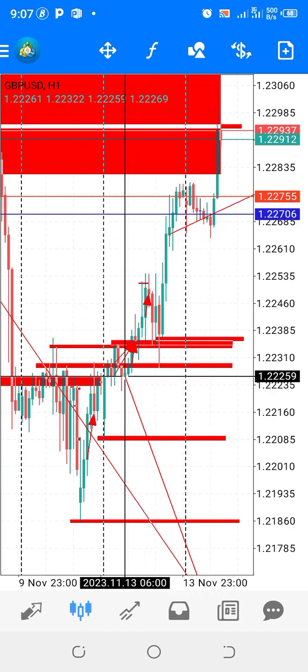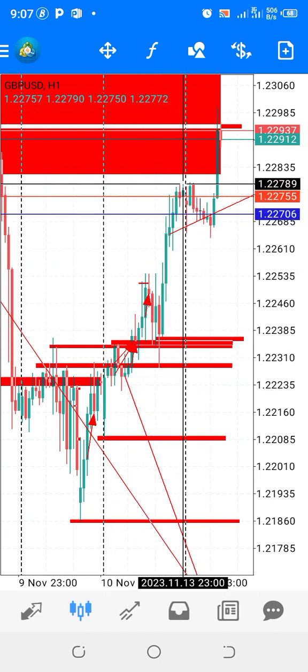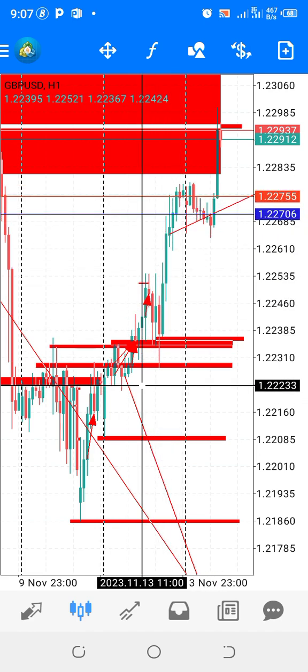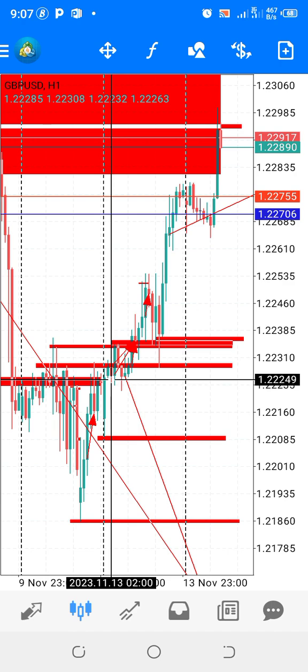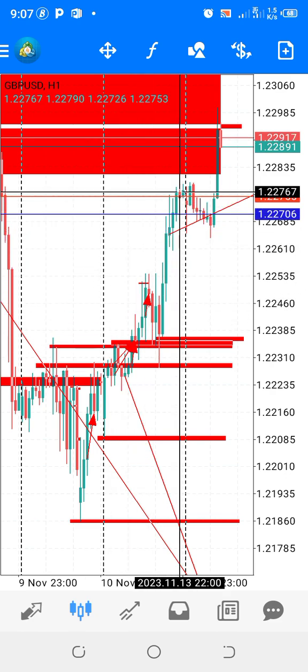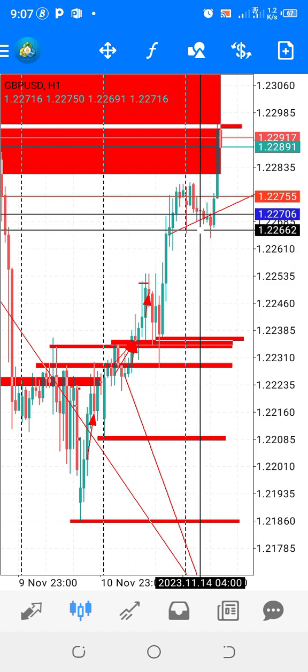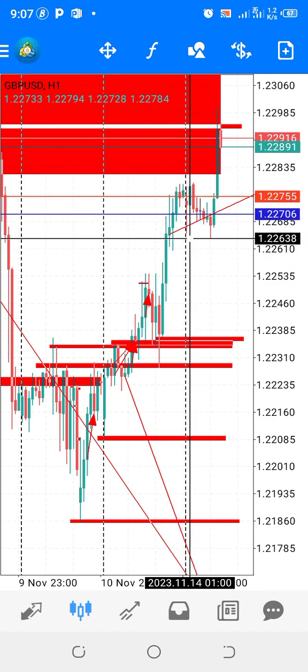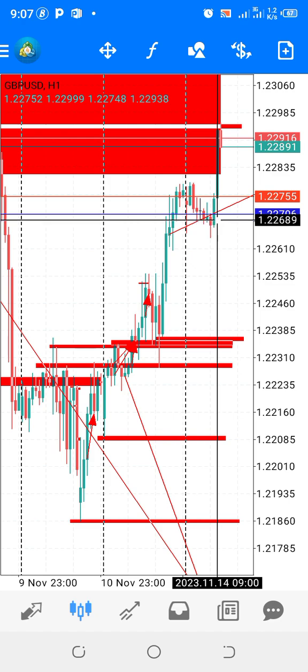So the first move for the day went completely above the 50 pips expectation from the first entry candle, fourth entry candle, 1.2226 all the way to 1.227. So that was 50 pips for the day. Then we still have about 150 pips to expect for the week in a bullish move.